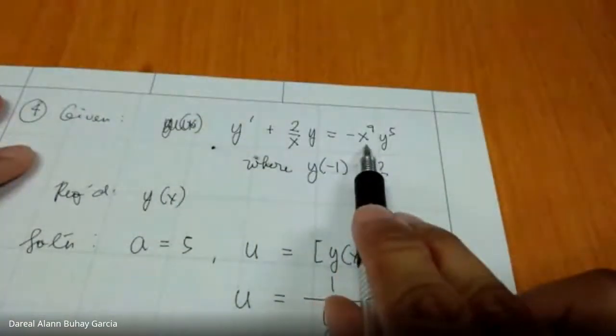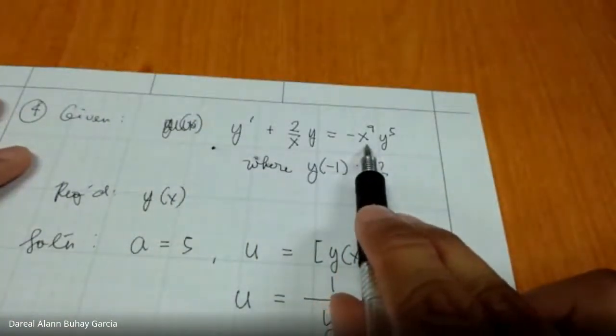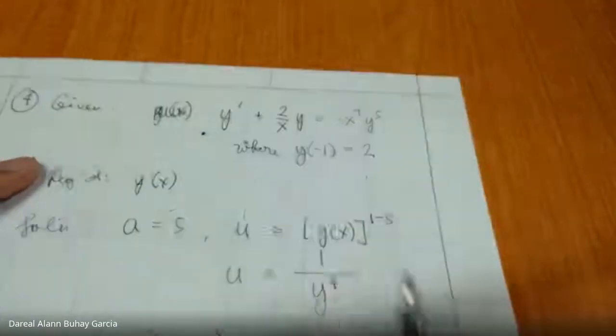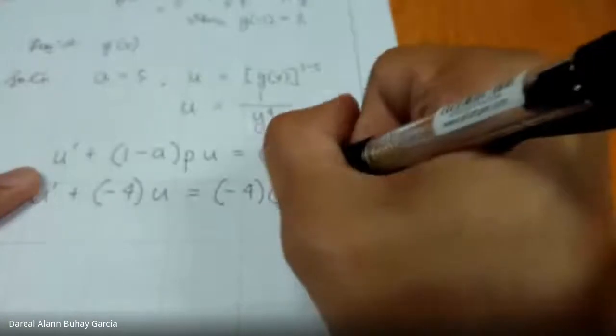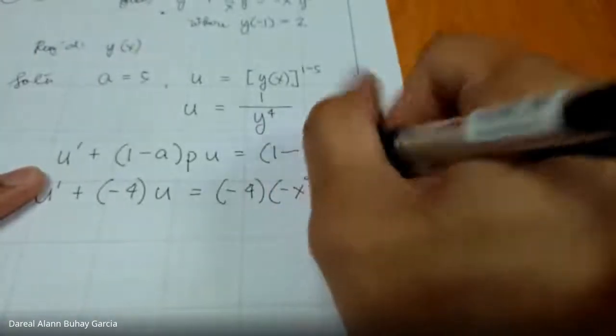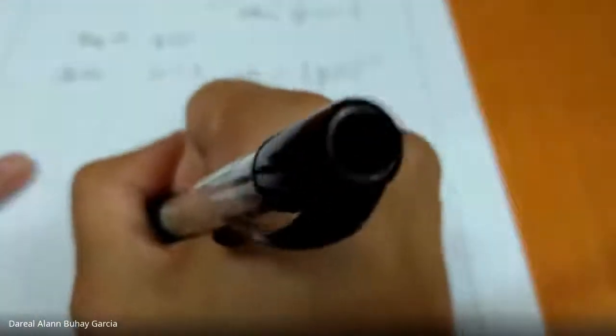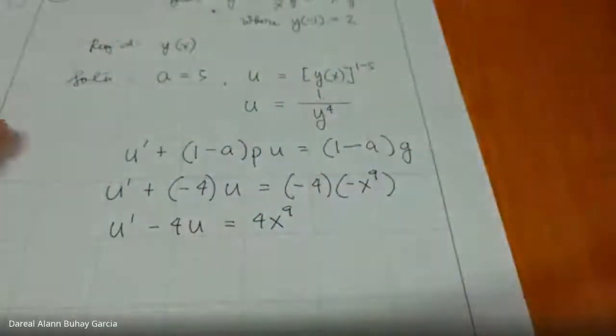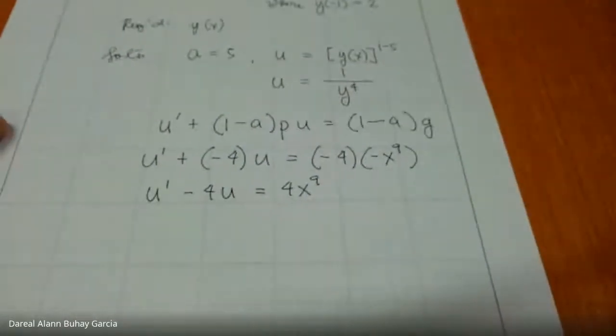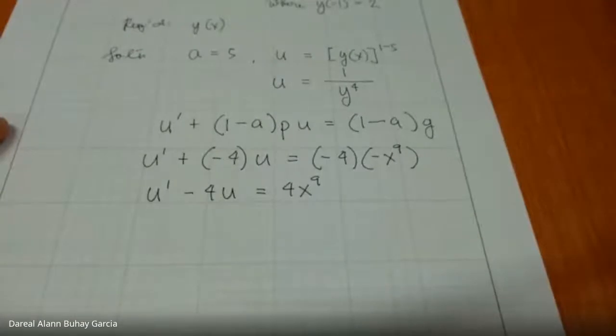G is negative x to the power of 9. Right. Linear ODE.